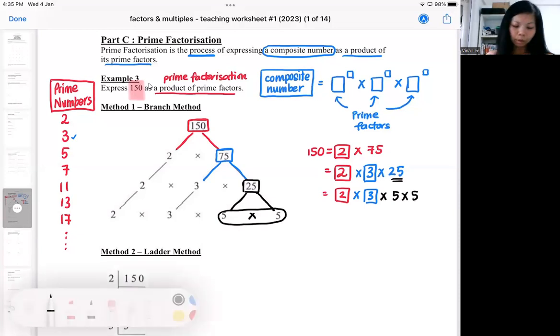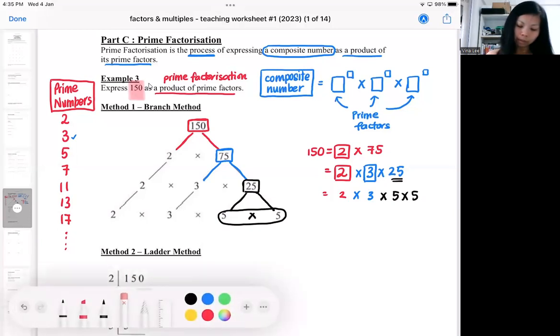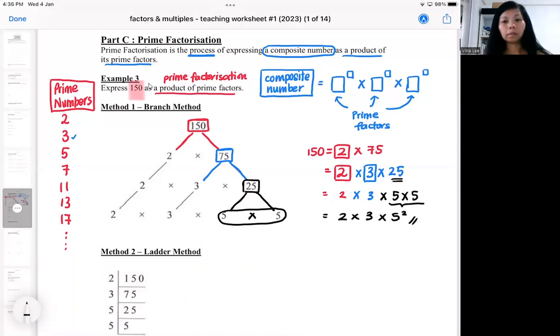You realize I keep changing it until all these are prime numbers. When everything is prime numbers already, you do your index notation. So that is the prime factorization of 150, or this is the answer to the question of expressing 150 as a product of prime factors.